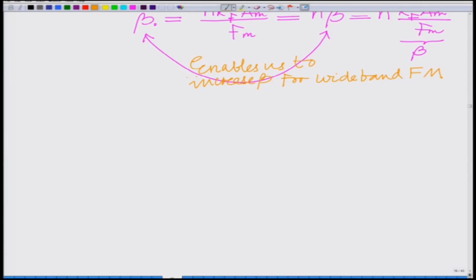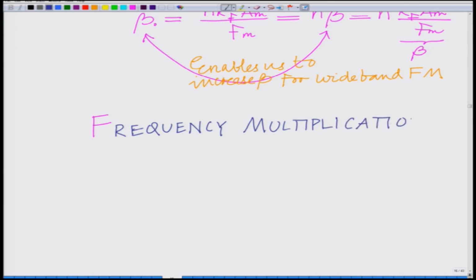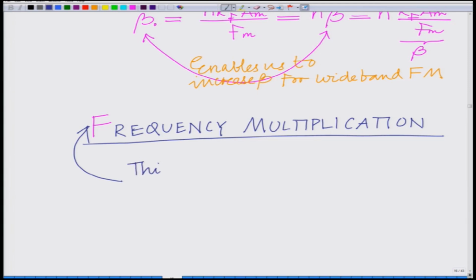One of the techniques to achieve frequency modulation is the use of a nonlinear device. So, frequency modulation can be achieved by frequency multiplication.